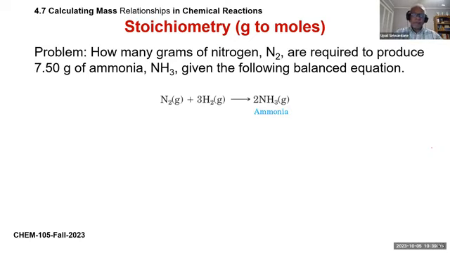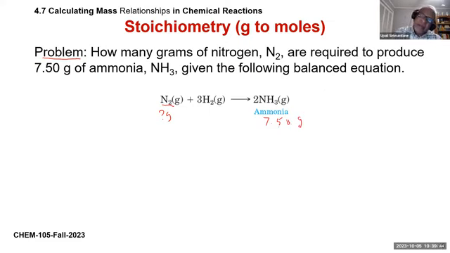For example, the question is, how many grams of nitrogen are required to produce 7.50 grams of ammonia?